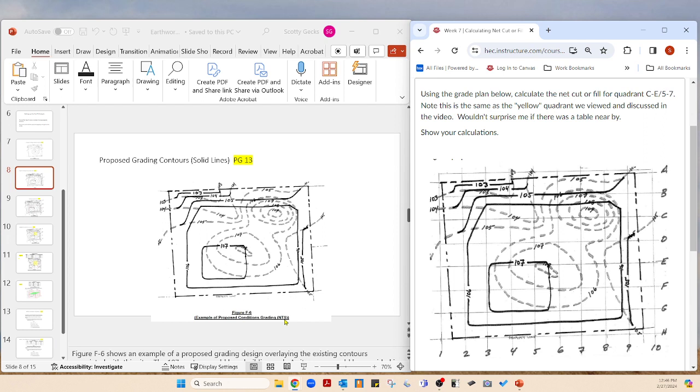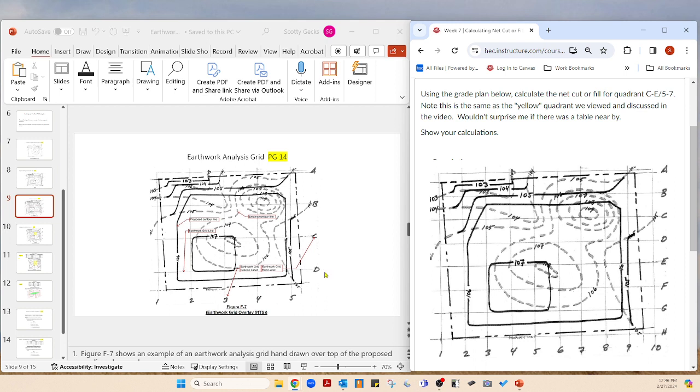That means when we interpolated, we were guesstimating, making as close a guess as we could to what the elevation was when your grid corners, like here, are nodes. This is a node, this is a node, this is a node, and this is a node.